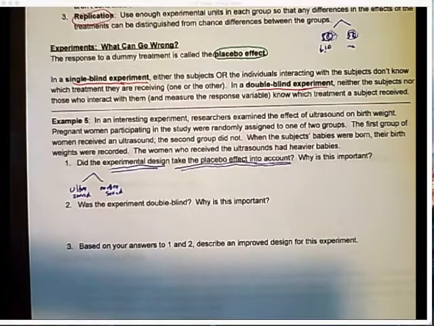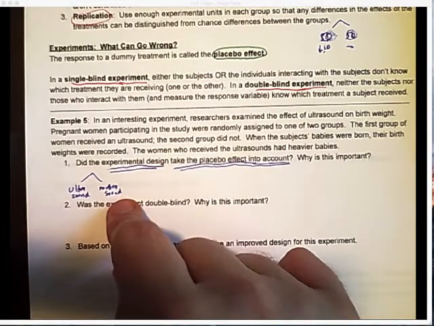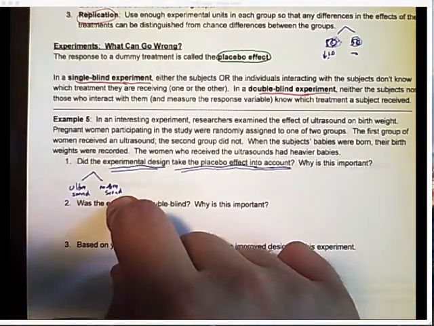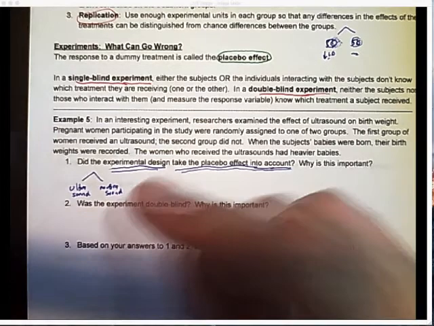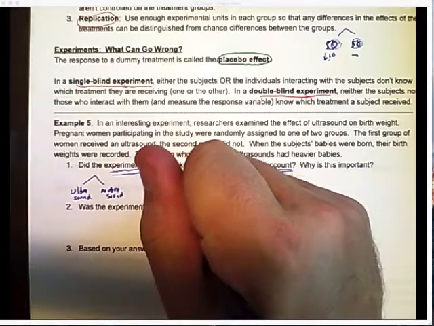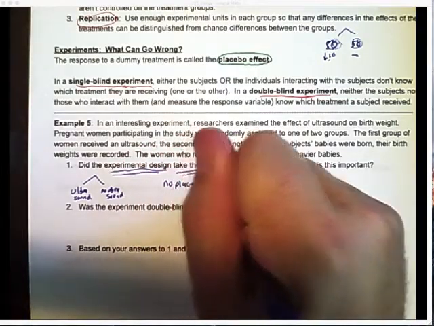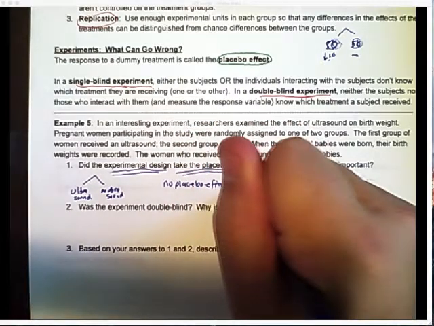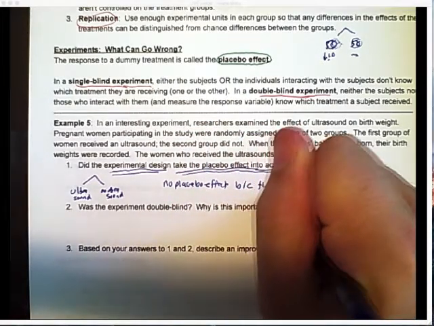Placebo effect would be a dummy treatment, so is there any dummy treatment? Are the people that are not getting an ultrasound receiving something that's like an ultrasound but it's really not? No. So there's no placebo effect here, because there is no dummy treatment.